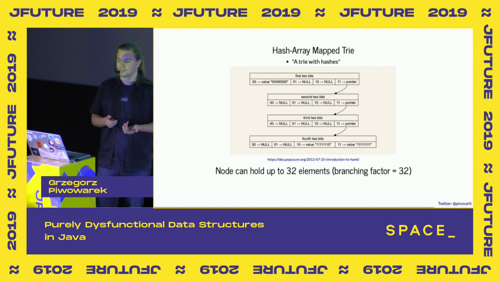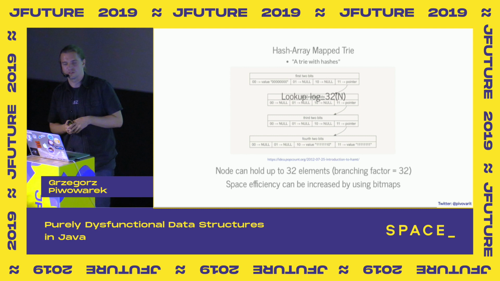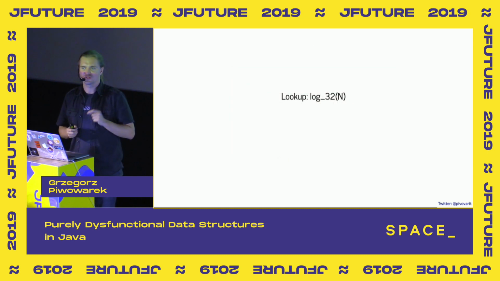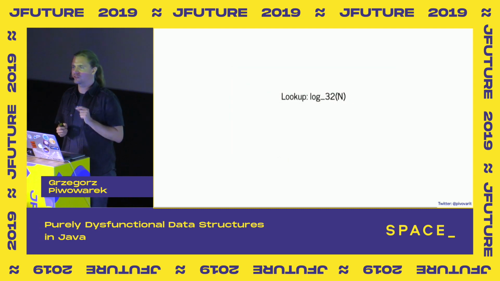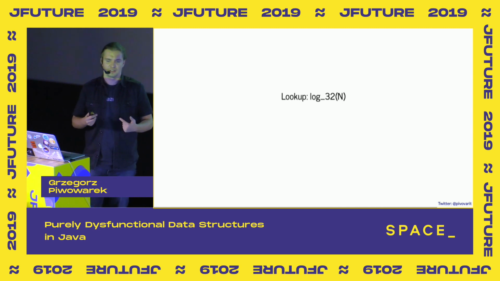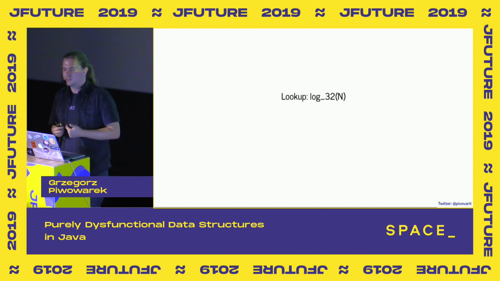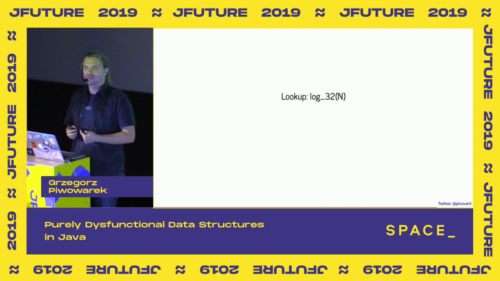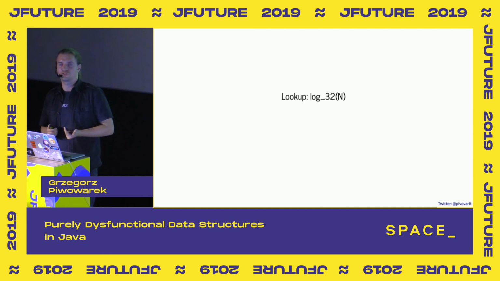But again, some of you might note that, Greg, it's still a tree. It won't give us constant time lookups. And yes, it doesn't. But if we have the branching factor of 32, which is extremely high, imagine how many jumps we would need for the data structure that holds an integer of max value of elements.